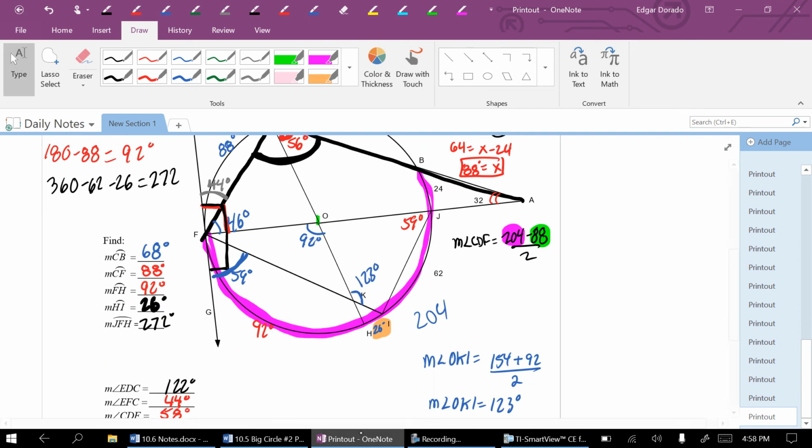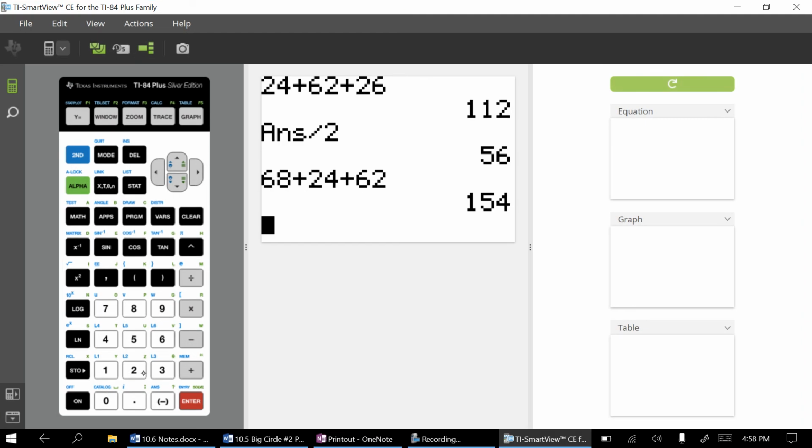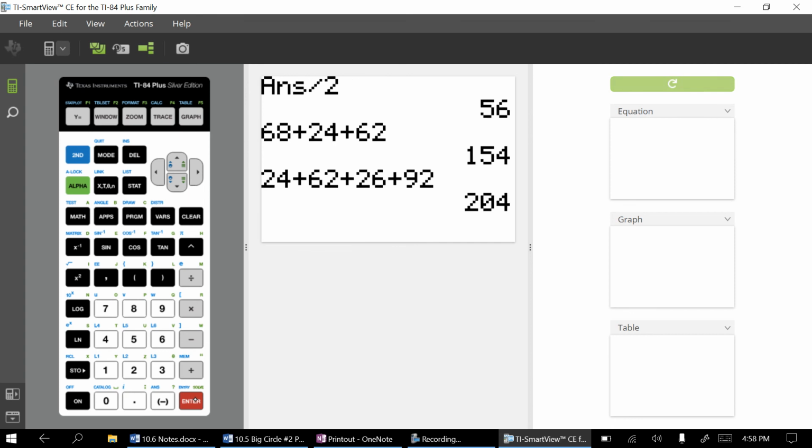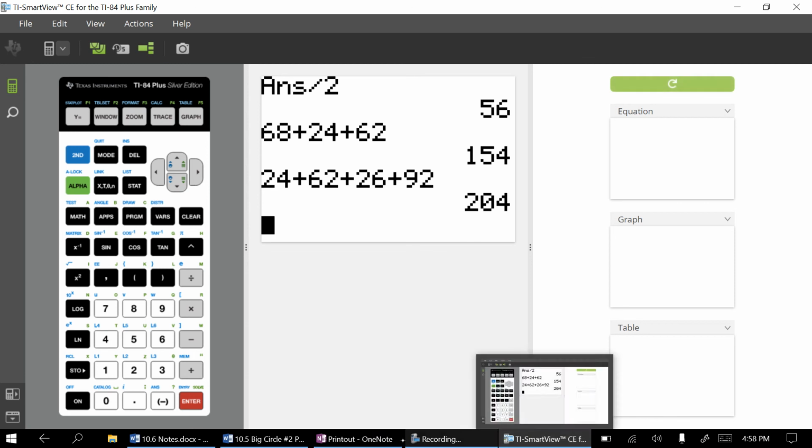So let's add it all up. So here it is: 24 plus 62 plus 26 plus 92. And I think that was actually it, plus 92. Yes, it is. So that is 204. So let's go back.